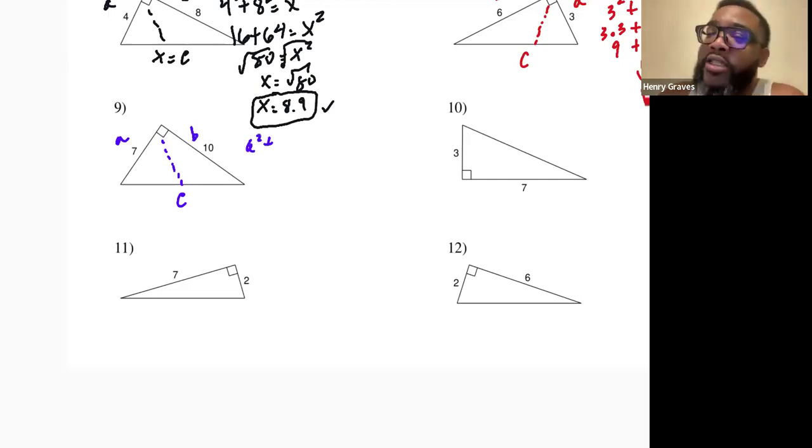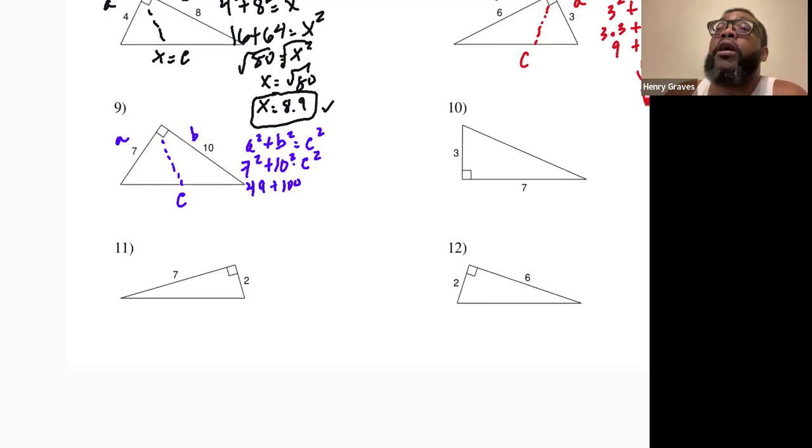I have like 4 pages on this assignment too. So there's going to be 7 squared, which is 49, of course. And 10 squared is 100. So 100 plus 49 is 149.